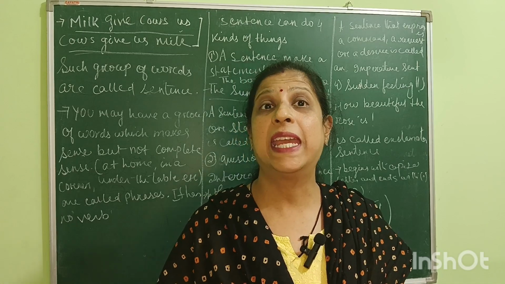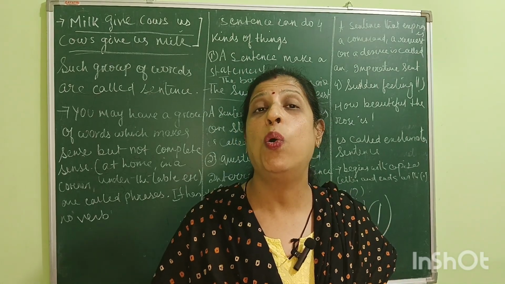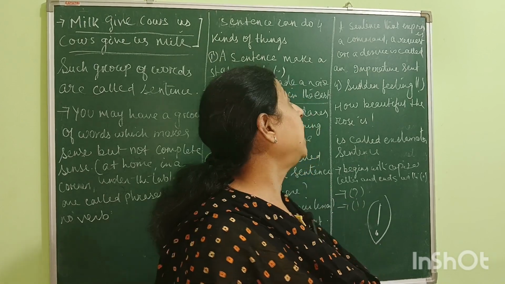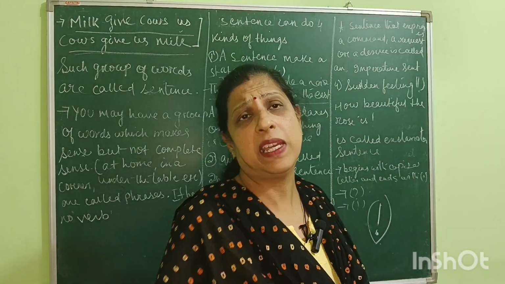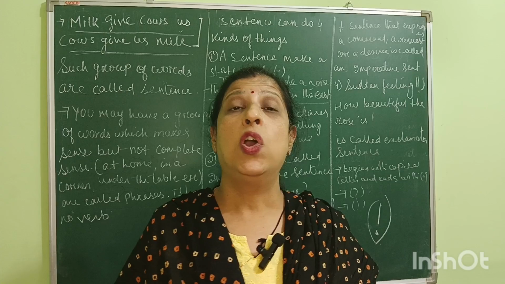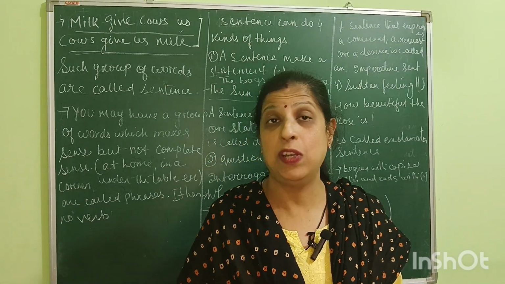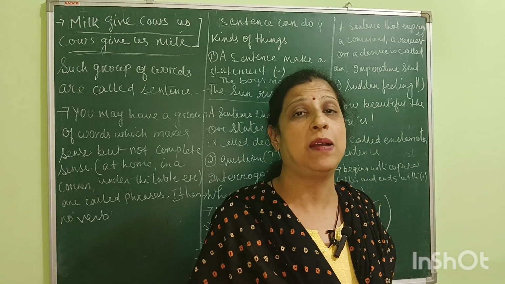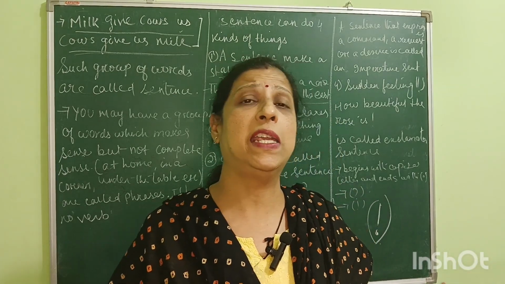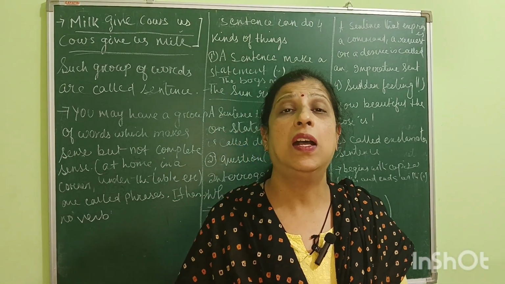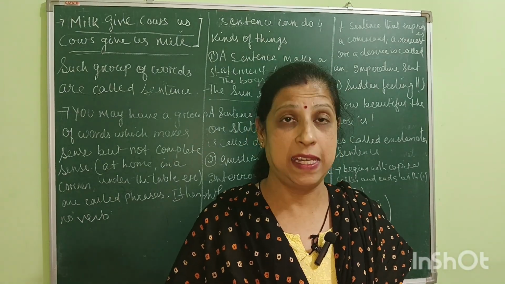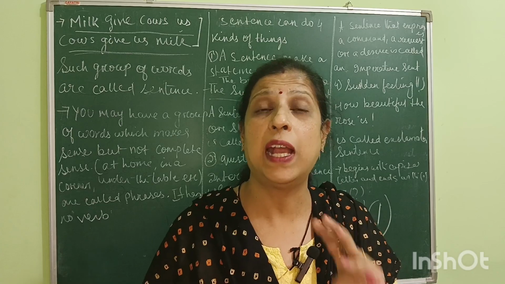If I say, get out, you can go out, it is again a command or an order. So when there is this expression of a command, order, or request, those kinds of sentences are called imperative sentences.